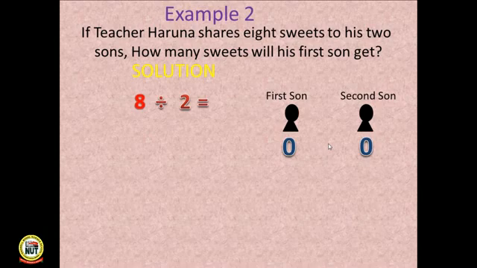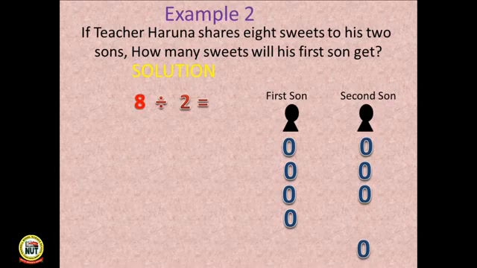So we continue to share until we get to 8 before we stop, okay? All right. So let's go. 3, 4, 5, 6, 7, and 8. We have shared 8 sweets for Teacher Haruna's 2 sons.